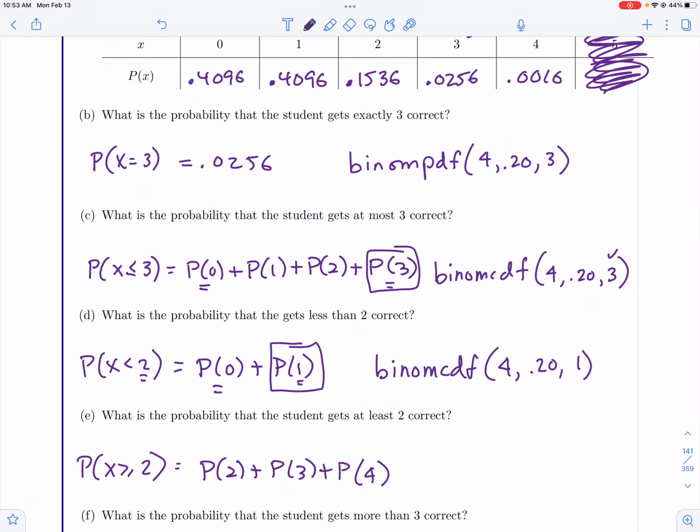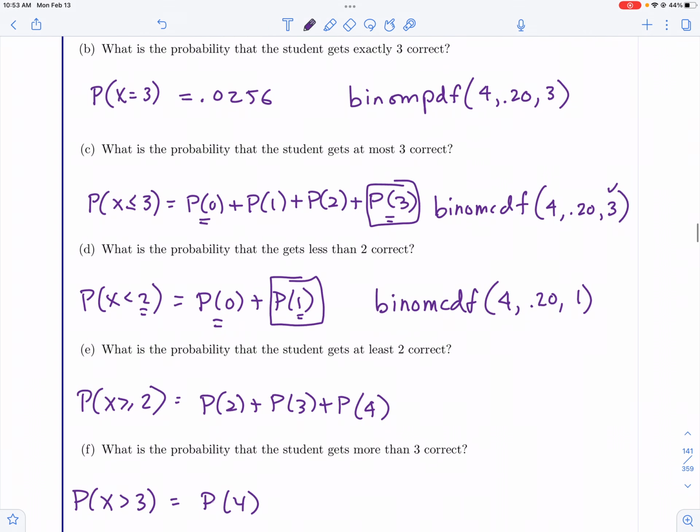All right, so now for E and F, the ones that are greater than, we're going to have to do a little bit of a trick and use the fact that our probabilities add together. Because unfortunately, what we want to know is the probability of 2, the probability of 3, and the probability of 4. But again, the way our binomial CDF works is it starts with 0 and counts up to a certain number.